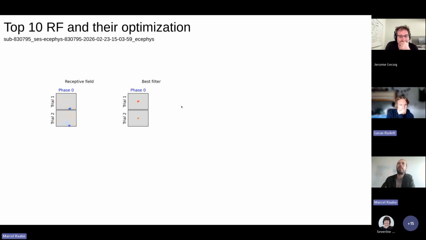If I do this with the phase pi half, so the second kind of filter we can use, we get this second variant of a receptive field. And here, I just want to make the point of how we can make sense of this. The phase 0 filter is very similar to where the frequency is very low. It's more or less like a single bump, similar to a normal distribution.